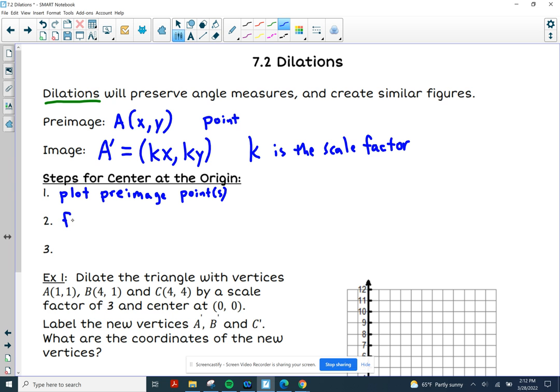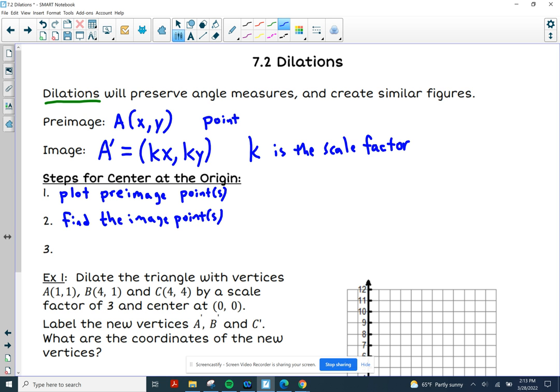And then we're going to find the image points. Find the image point or points.